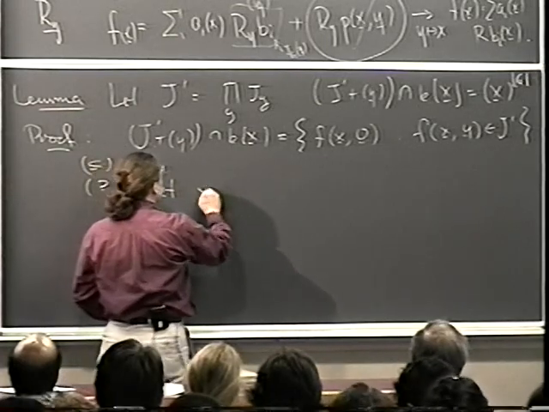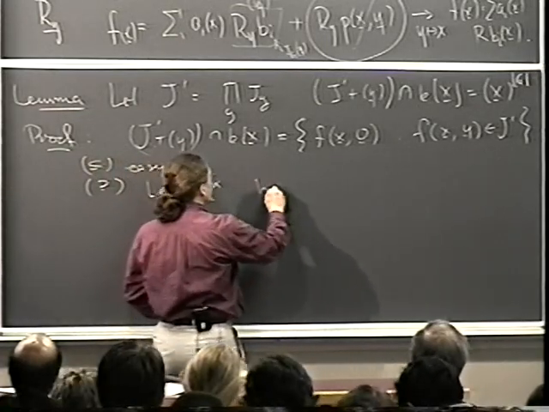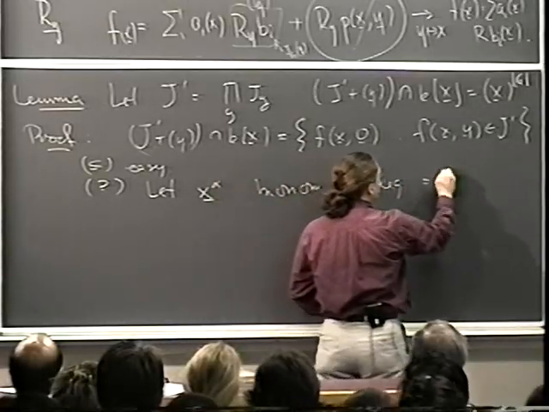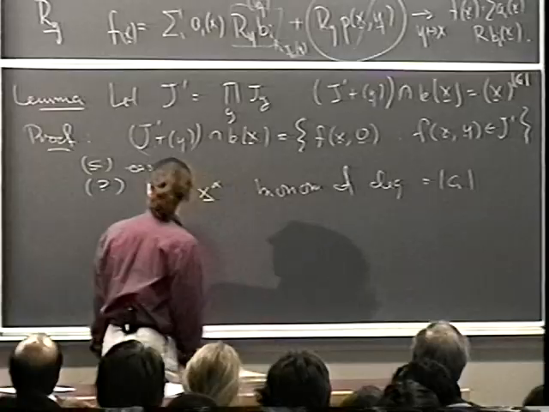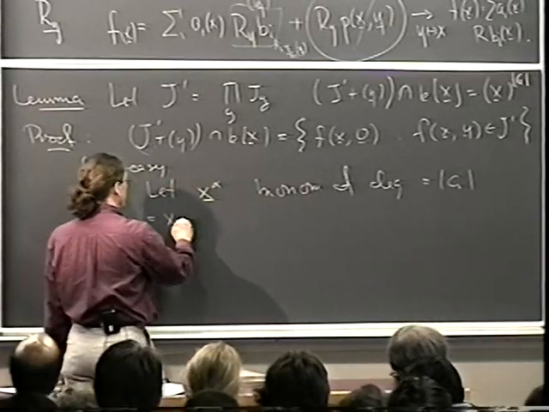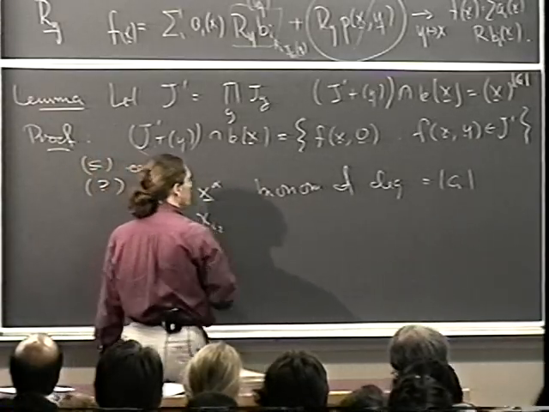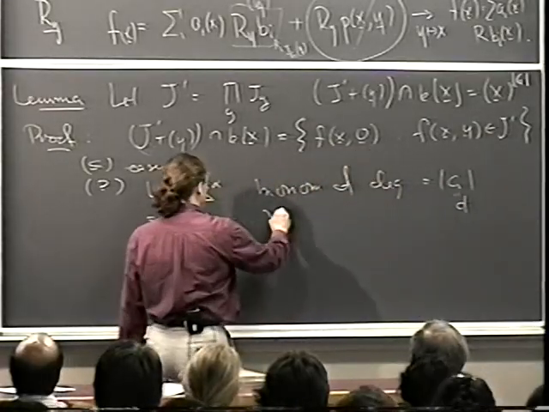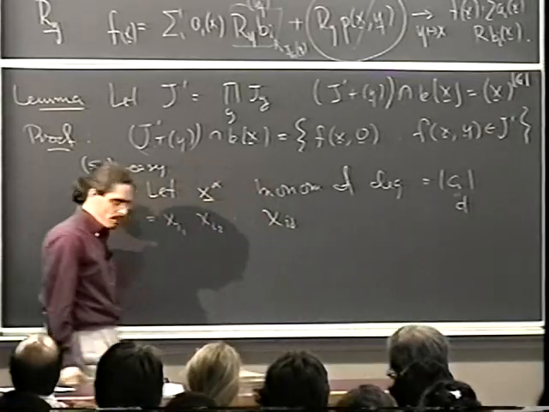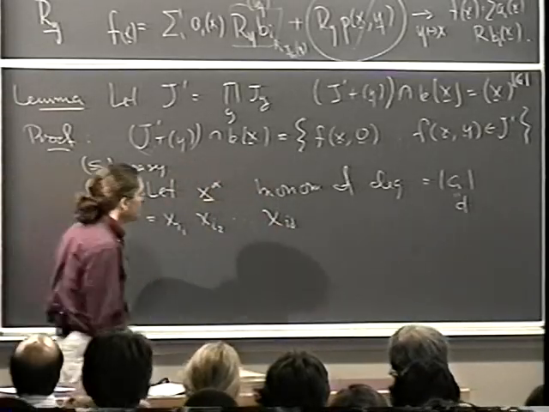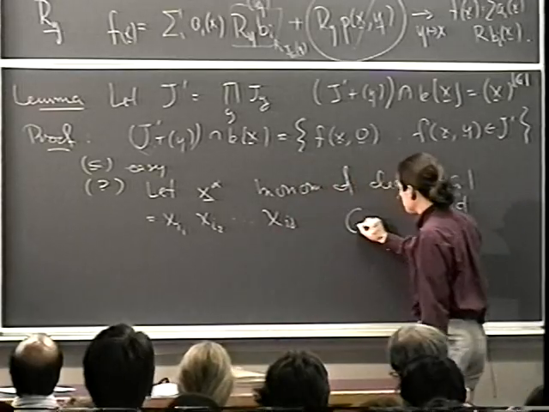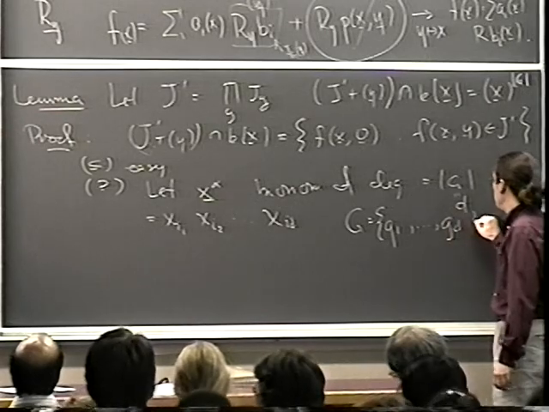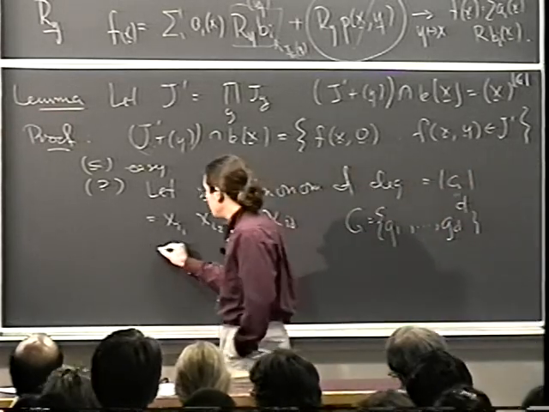So let's just take any monomial, x to the alpha, of degree equal to the order of the group, and let's just write it as a product of the variables x_{i1}, x_{i2}, up to x_{id}, where we give this number a name, d. And let's just enumerate the elements of the group in some arbitrary fashion, g1 up to gd. Okay? And now let's look at the following polynomial.